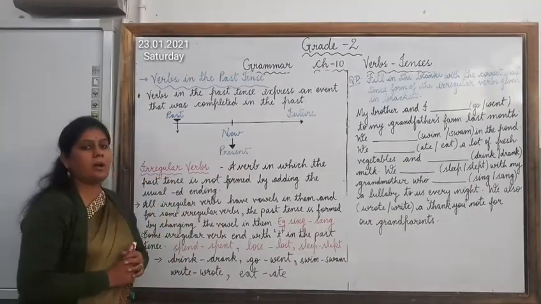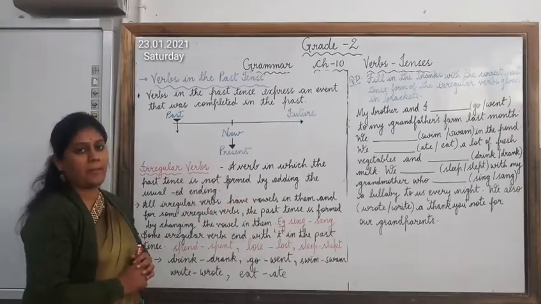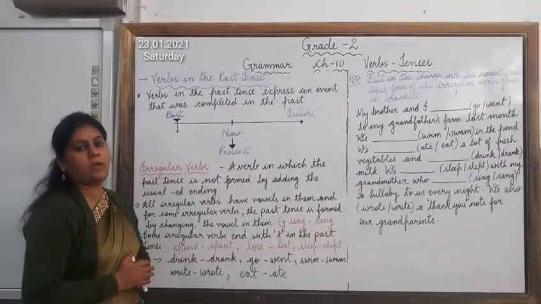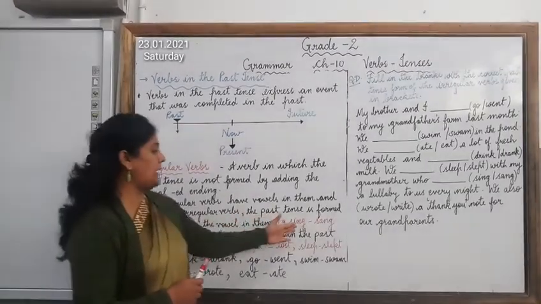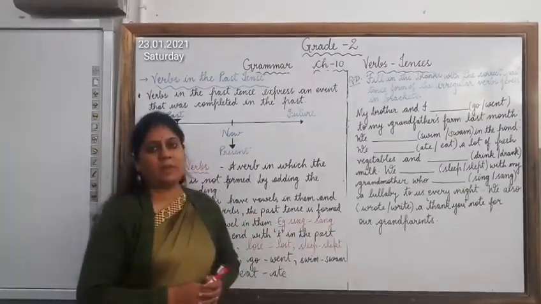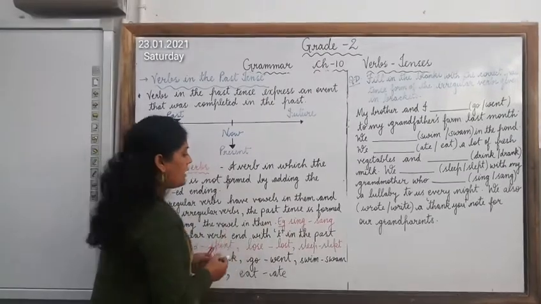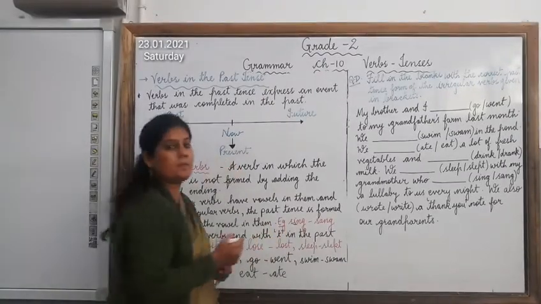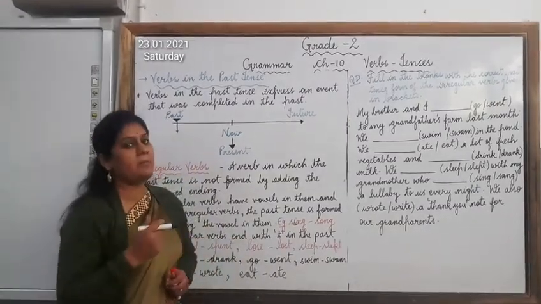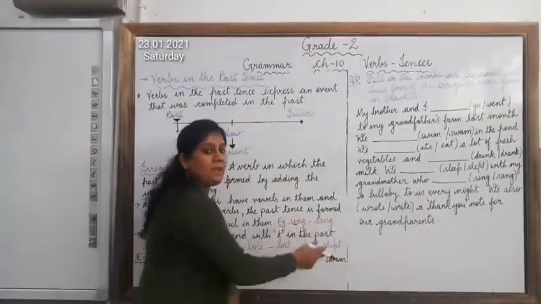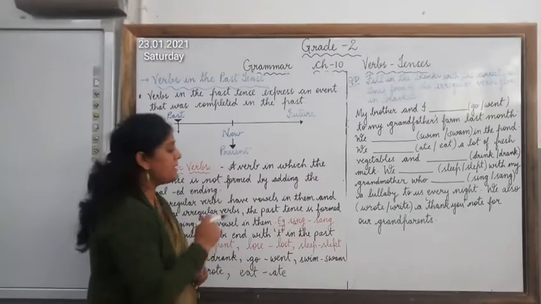Firstly, all irregular verbs have vowels in them. As you can see here, I have written this sing. You can see here I is a vowel, isn't it? So what is the past form of sing? Past form of sing is sang.